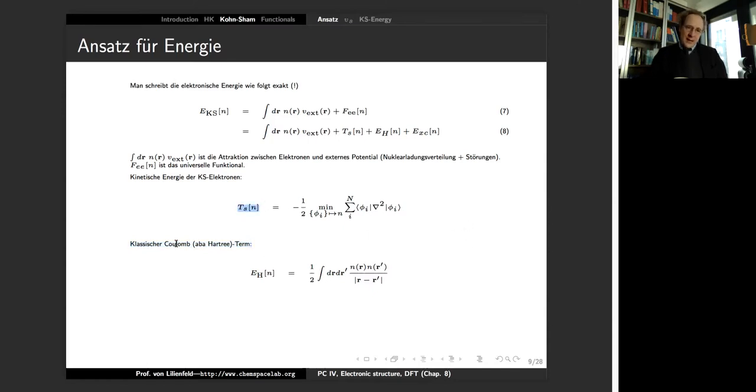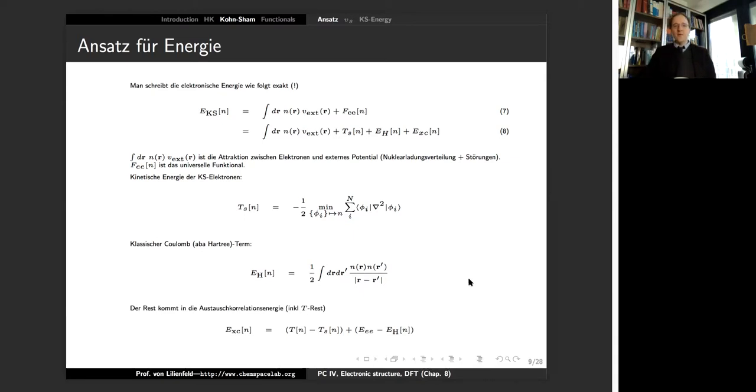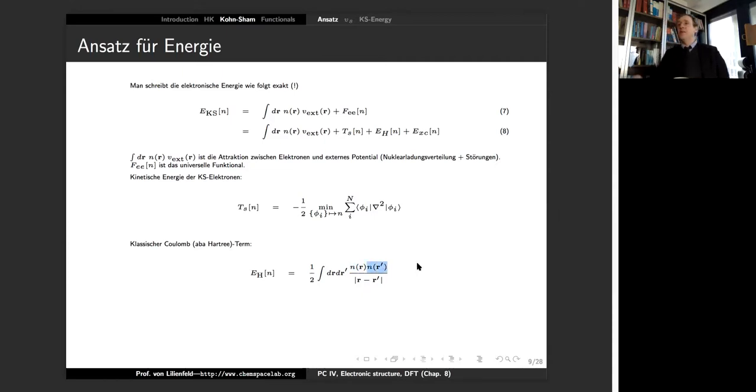And then the classical Coulomb, or also known as Hartree term, is just like that. So you know this. And again, be aware of the overcounting, right? Here you have electron density at R, and here electron density at R prime. These electron densities partially come from the same electron, right?